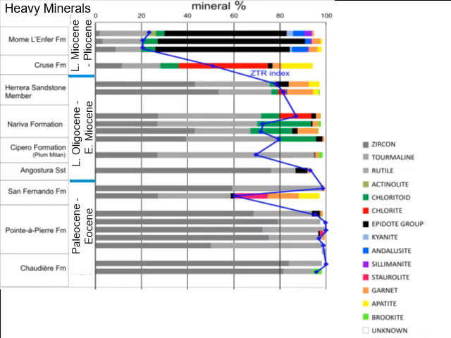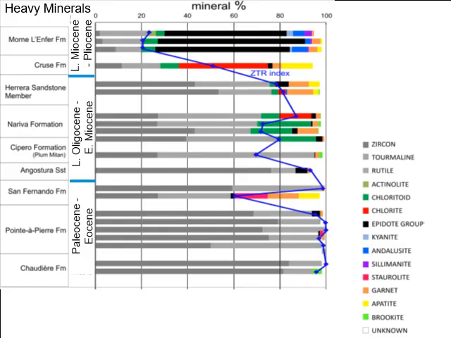We return to the stratigraphic chart of Trinidad. On the left-hand side, you see the Cenozoic stratigraphic chart starting from the Paleocene, Eocene, Oligocene into Miocene, and then up into the Pliocene. To the far left, you see the different sandstone units that were sampled for this study.